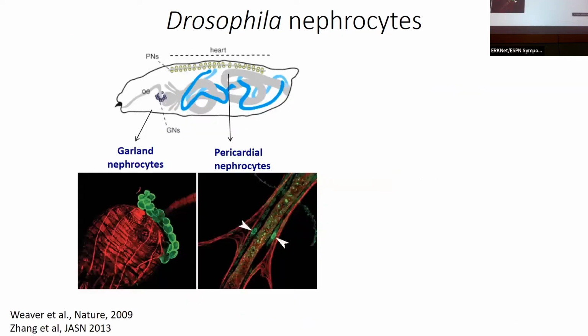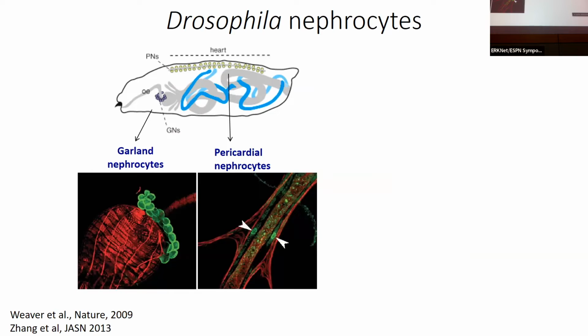Okay, so we have been looking into this by using flies. You may wonder why you can use flies for something like this, but indeed there's a cell type called the Drosophila nephrocyte, and this is a quite peculiar cell type that exists in two populations. We mainly work with this population here.